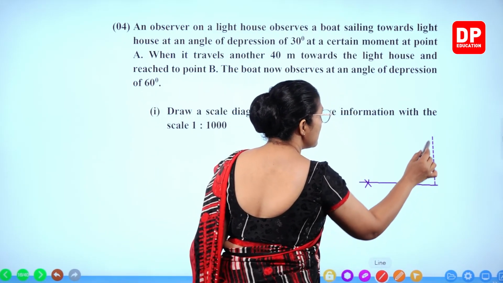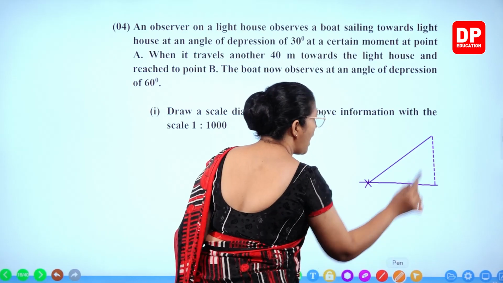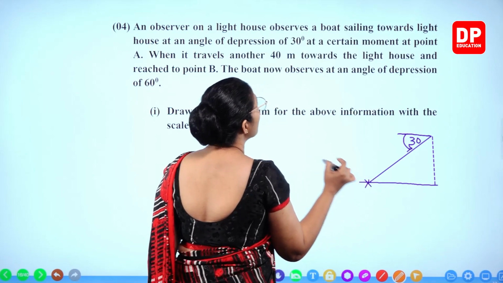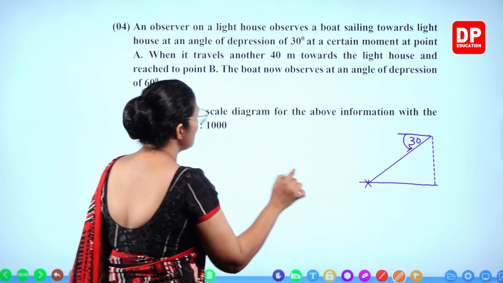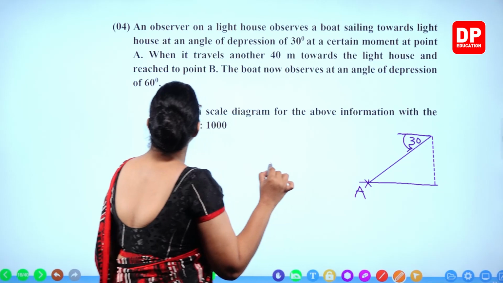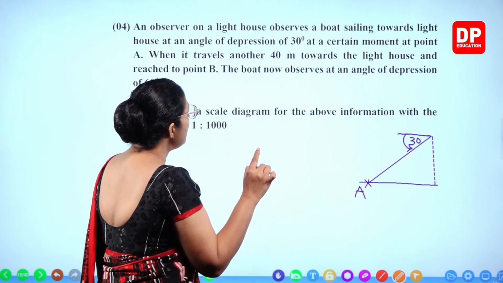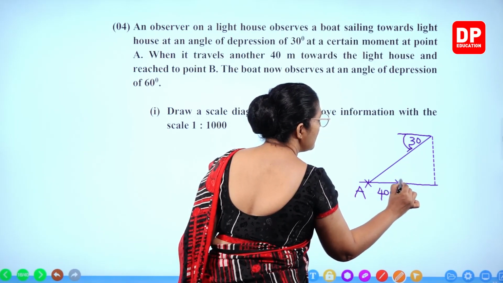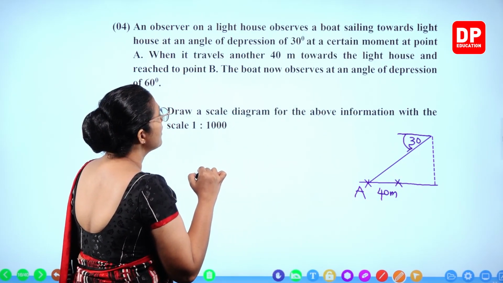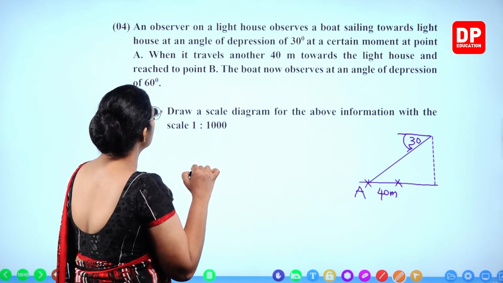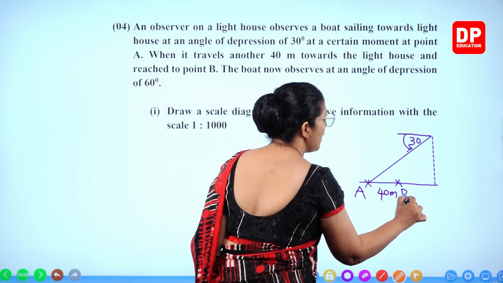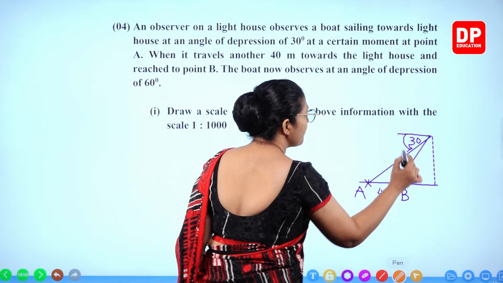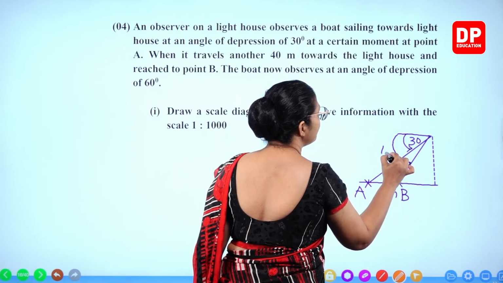So when you connect here to here, the angle of depression, this is 30. This is point A. When it travels another 40 meters towards the lighthouse, so this way 40 meters, and here let's take this point, this is point B, the angle of depression is 60 degrees. This whole thing is 60.